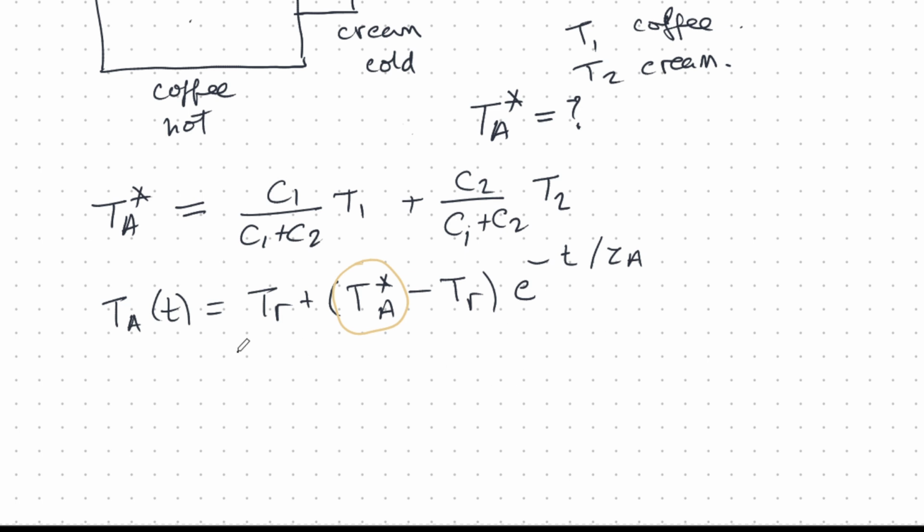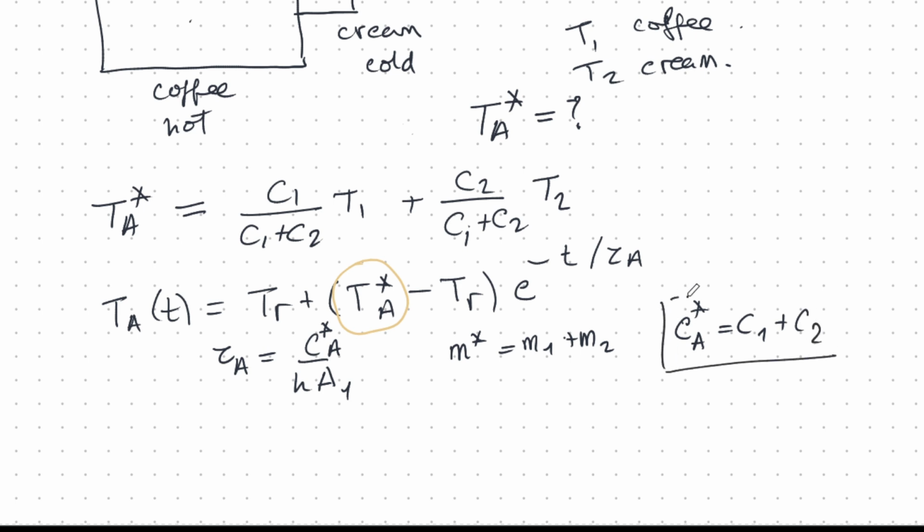But we also need to know this tau A. So tau A is the heat capacity over H, and the cup is the coffee cup, so it's A1. But what is C? Well, conservation of mass. Our new mass, the mixing mass, is M1 plus M2. So I can call this Ca star. This is going to be a mixed version. So Ca star is C1 plus C2.